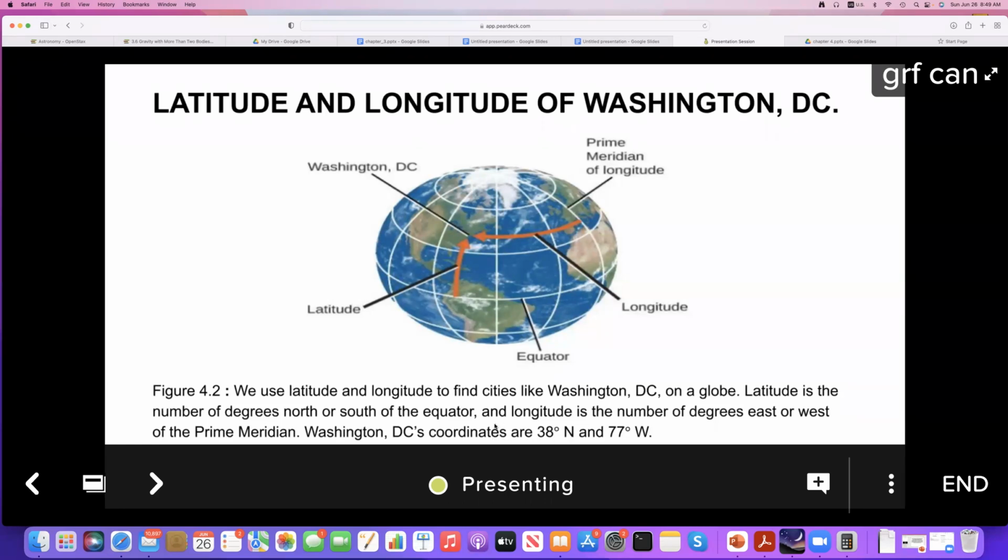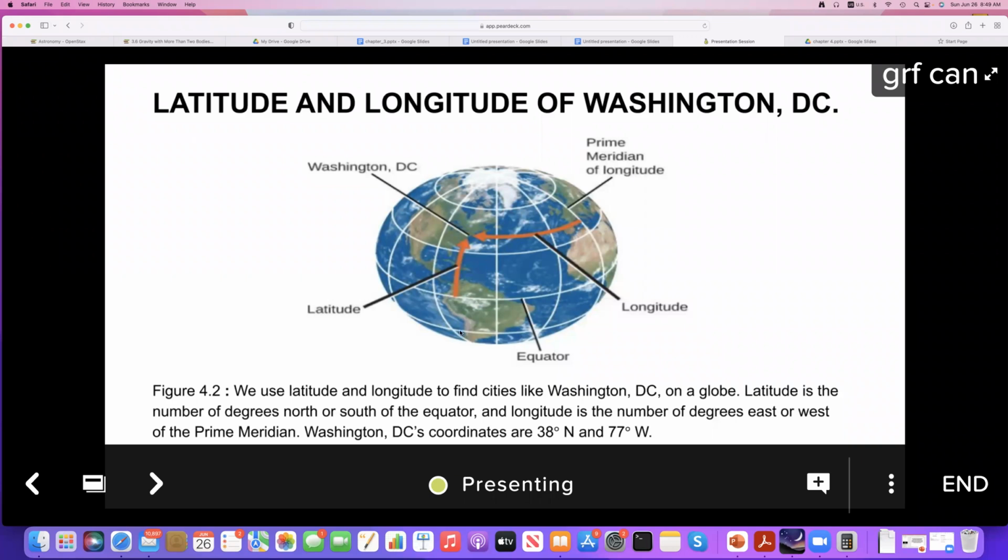So in this particular case, for the Washington DC coordinates, the latitude is 38 degrees north and the longitude is 77 degrees west. So you always have to give this direction because, for example, if you go to a country like in this area, somewhere in Brazil, that will be a number of degrees towards the south, right?